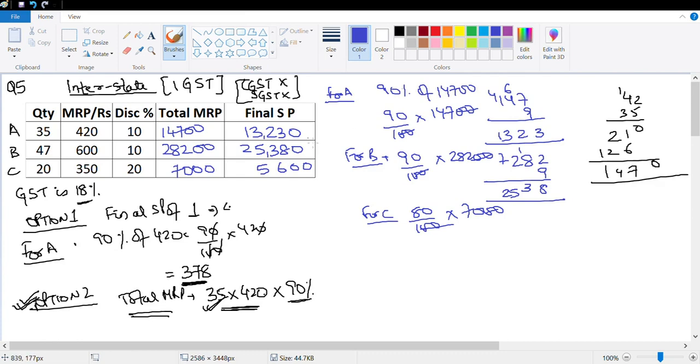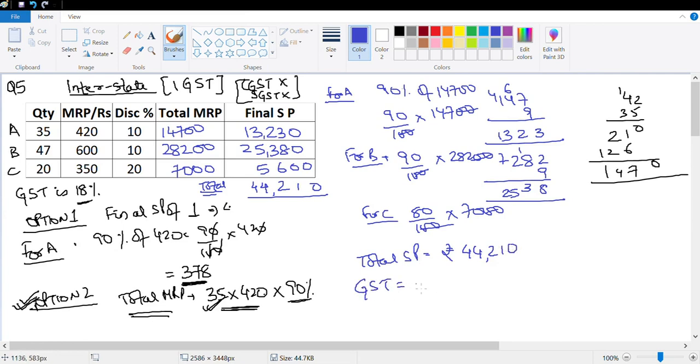So what do I need to calculate? I need to calculate the final amount. So let me calculate the total. First let's take a look at the total SP. That's 13,230 plus 25,380 plus 5,600, so the total SP is equal to rupees 44,210.